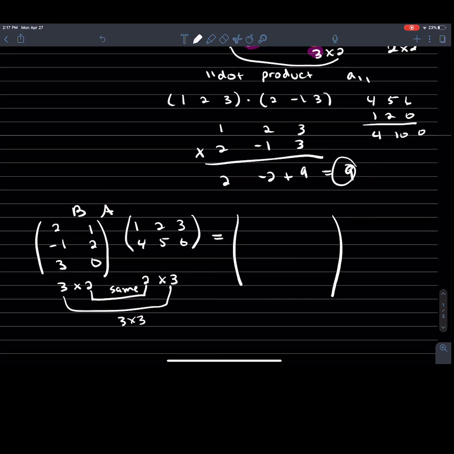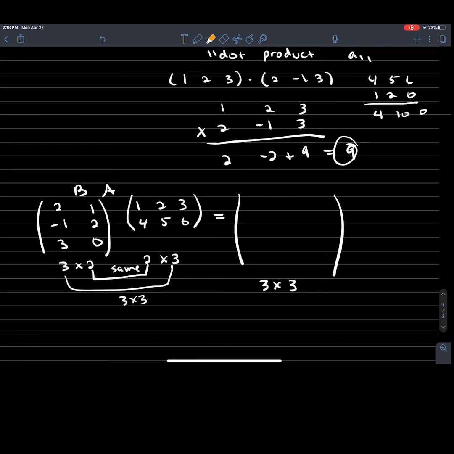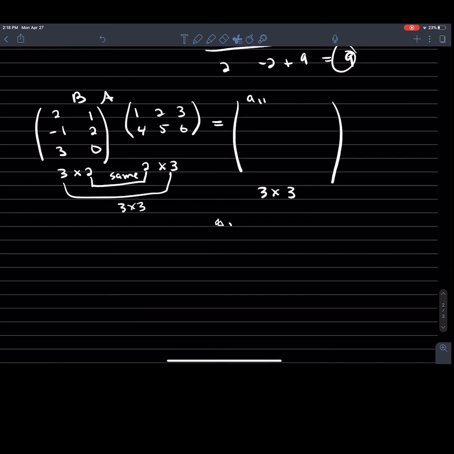Okay, 3 by 3. So let's do it. Maybe it goes a little faster because a lot of it you can do in your head. This position is my A11, first row, first column, which is 2, 1, 1, 4.